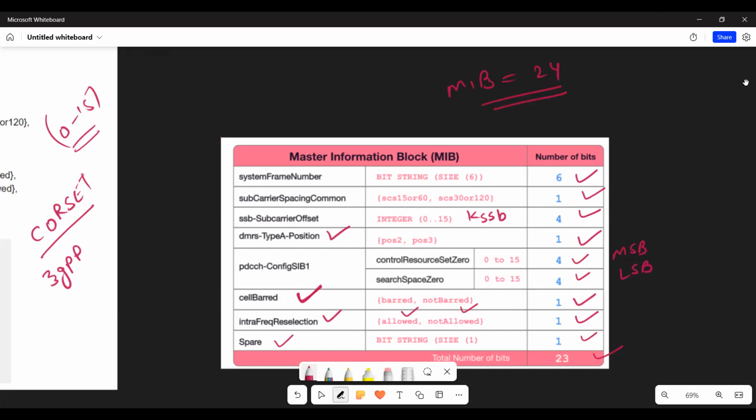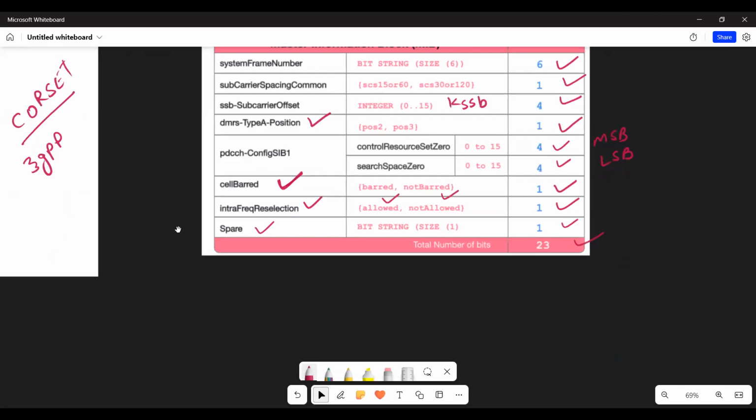Now you will ask why. So the answer is the MIB contains a total of 23 bits, but an additional bit is used for BCH message type indication, right? Let me write it down here for you.